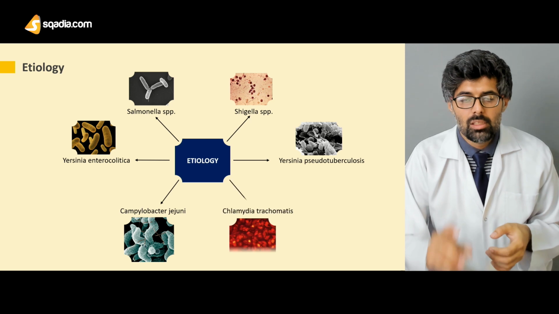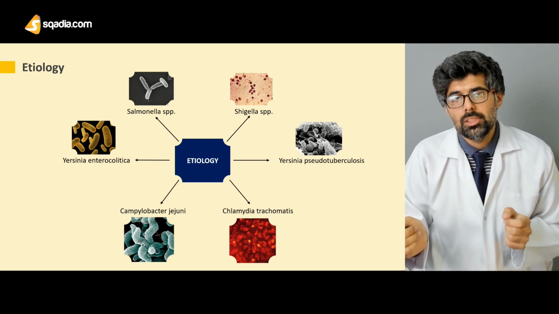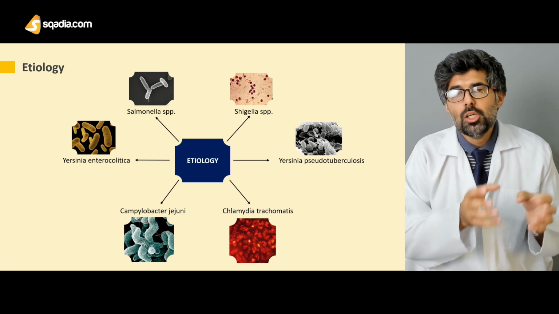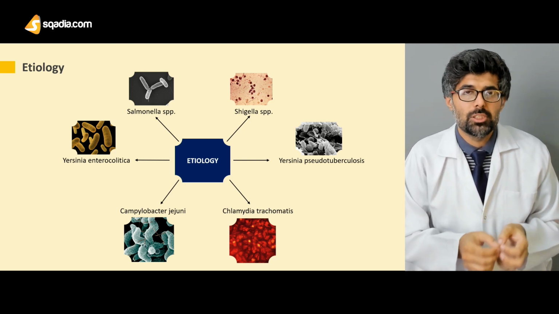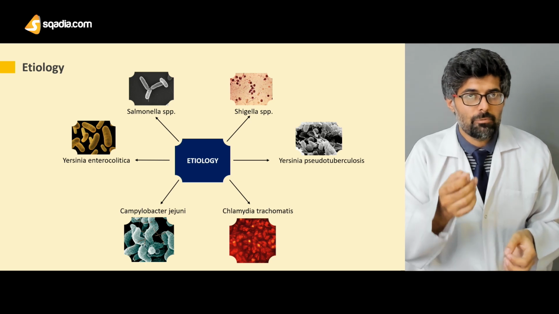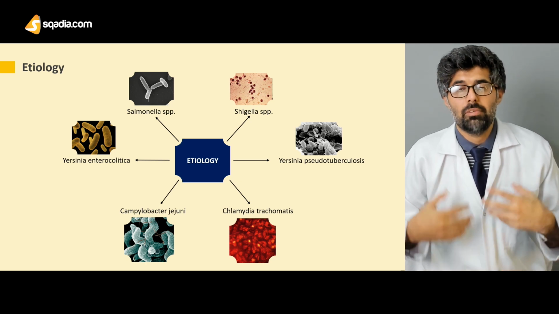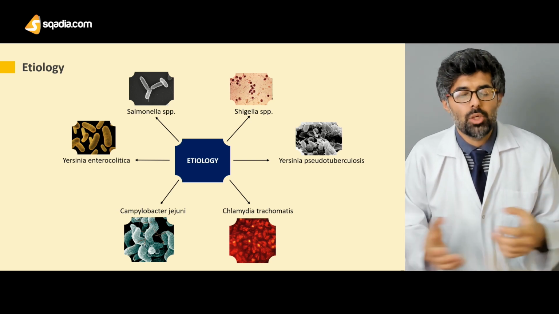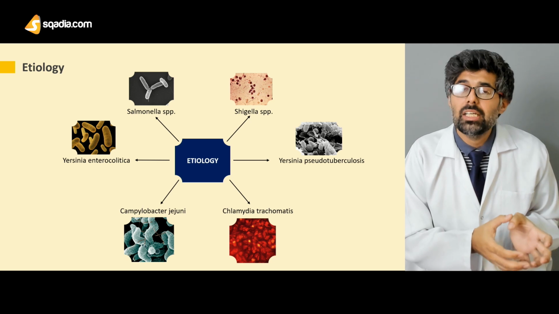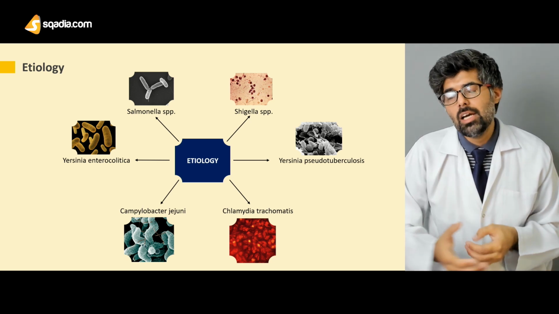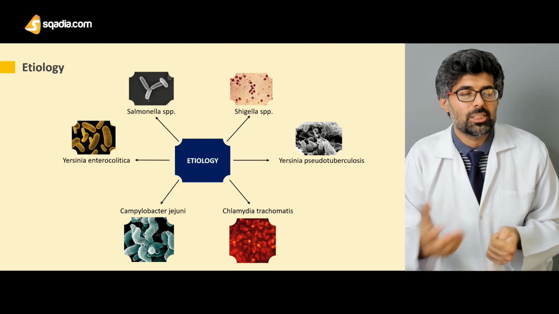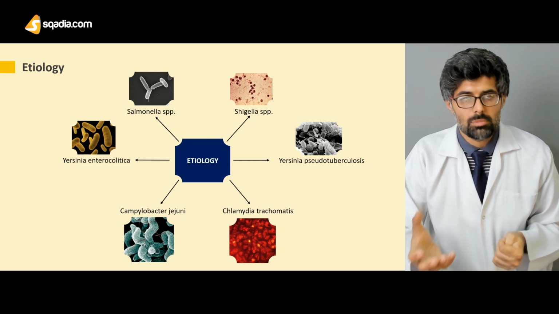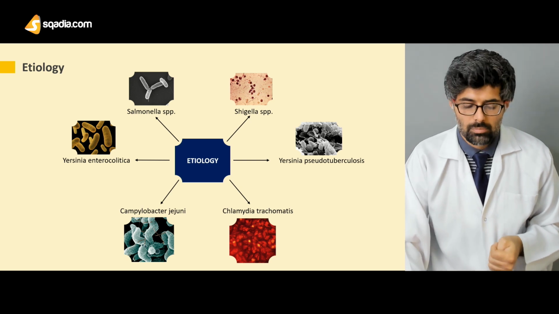It is only Chlamydia trachomatis which is not of enteric origin. Chlamydia usually infects the urogenital system. So if we have a patient with suspected enteric problems, usually Salmonella or Shigella or Yersinia are implicated. But if we have a patient with some kind of STI, then usually the implication is that the patient has chlamydia.